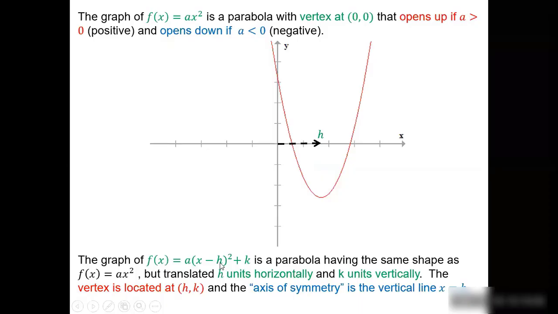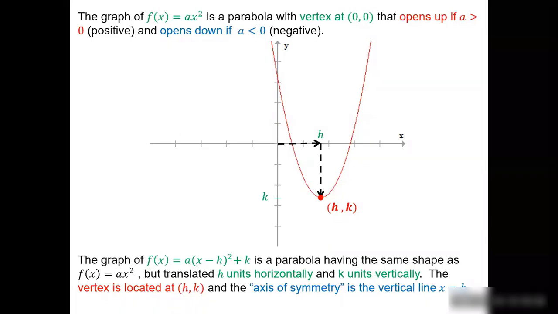But if h was negative, then that would mean that it moves left. And finally, k would cause the graph to move up or down k units, depending on whether it's a positive k or a negative k. So this allows us to just look at our transformation form and determine what our vertex actually is.